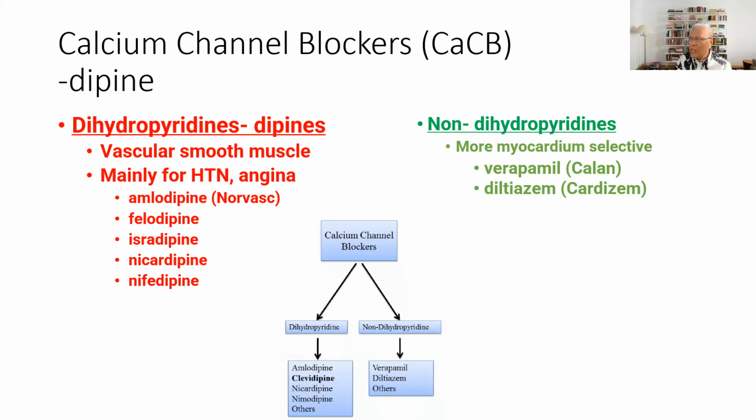And these non-dihydropyridines are going to be the ones that act more on the myocardium. So, for example, verapamil, which is Calan, as well as diltiazem, which is Cardizem, are both calcium channel blockers, but they're mainly used to manage tachycardia because they are more myocardium selective.